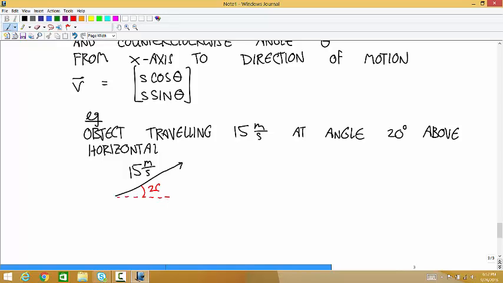This angle is 20 degrees. And so if that's the coordinate system, then at that instant the velocity vector is 15 times cosine of 20, 15 times sine of 20.